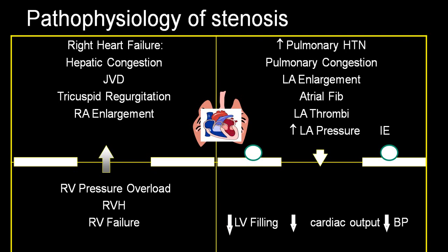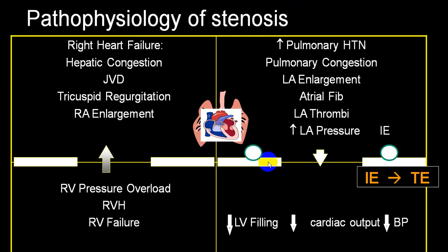But the blood which is ejected out is fully oxygenated, hence there is no hypoxia and no cyanosis. But the quantity of blood which is ejected out is relatively less. This is typical in a case of mitral stenosis.